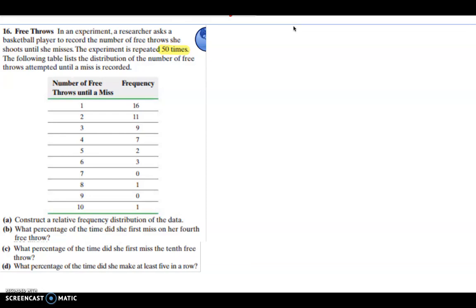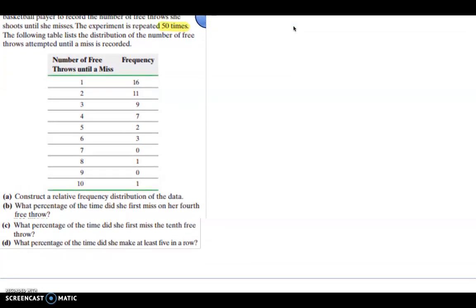The first thing we want to do is construct a relative frequency distribution for the data. I'm just going to remind you how we find this. I'm not going to do all of them. So I'm just going to create a little table here. One occurred 16 out of the 50 attempts, so that's going to be 0.32.